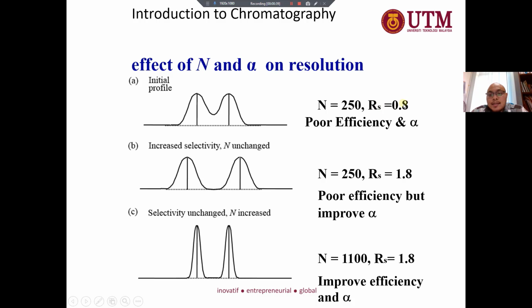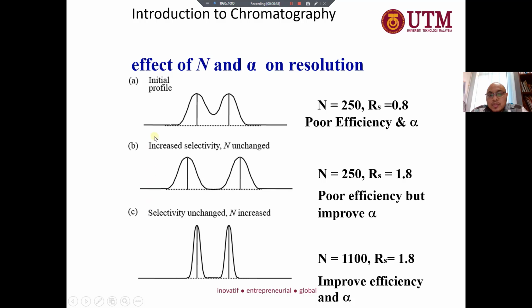Let's look at the RS. RS is for resolution. RS less than 1.5 shows that they don't have a complete separation. If the RS value is more than 1.5, it means that we can have total separation.